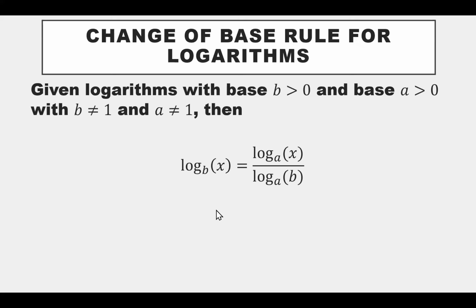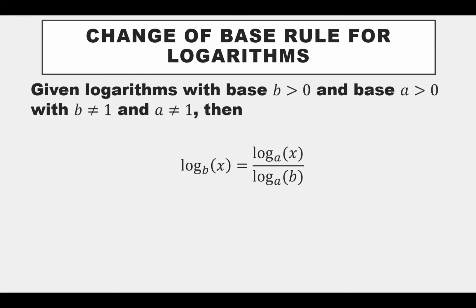Now, one last rule that we're going to have in this section is the change of base rule for logarithms. We're going to have two bases, one of which is base b, like we've been using before, and the other is going to be base a. Now, for both bases, we want them positive and not equal to 1 for this rule to work.